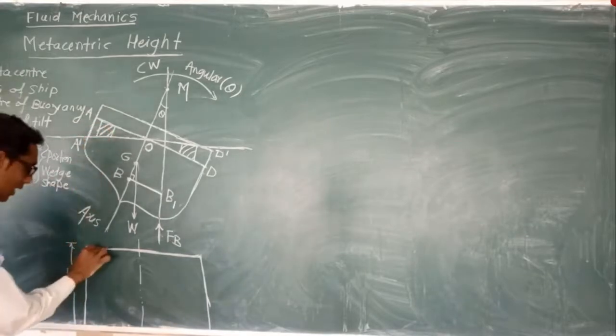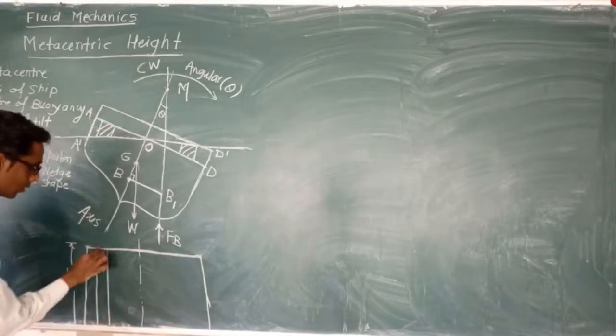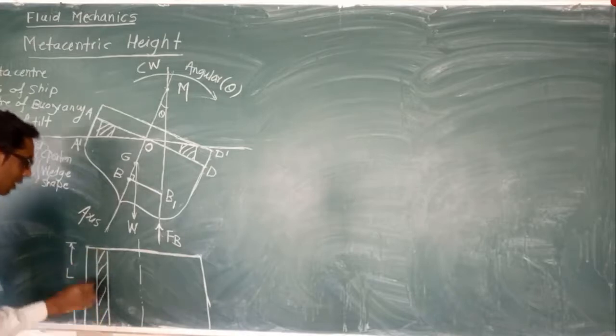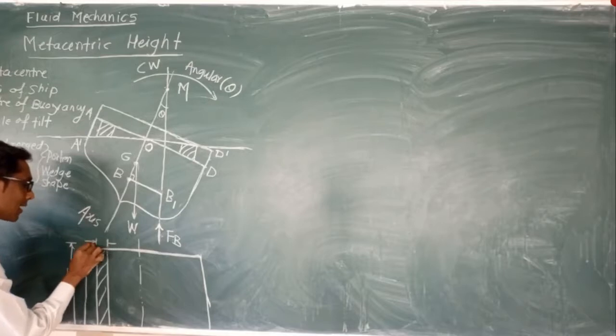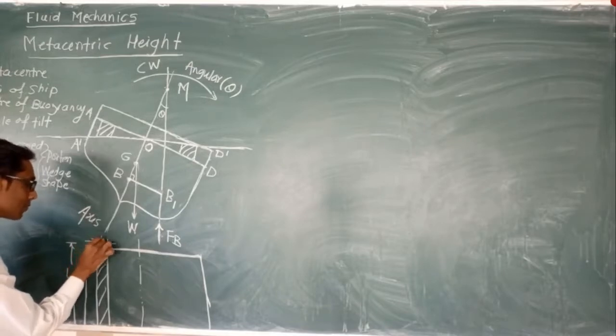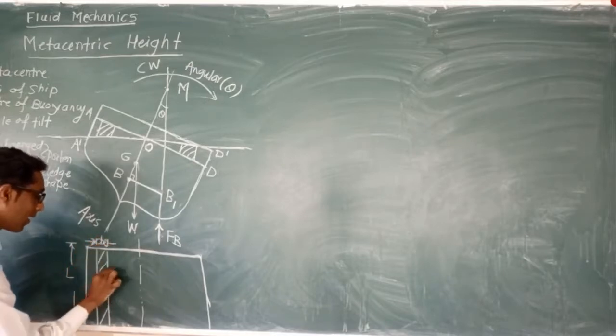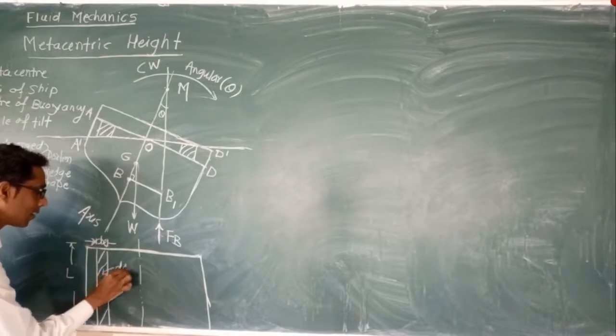Here this is a wedge shape portion that has thickness dx and area dA.